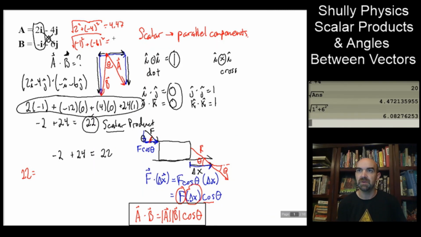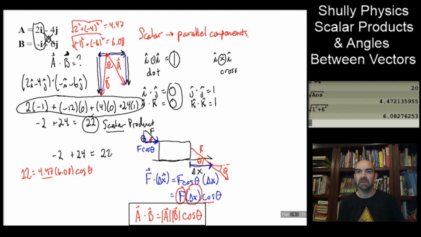It should be just above 6 because we're adding 36 plus 1 in there. Okay, so 6.08. So I'm going to plug in those magnitudes. 4.47 is the magnitude of A, times 6.08, the magnitude of B, cosine of our unknown angle.